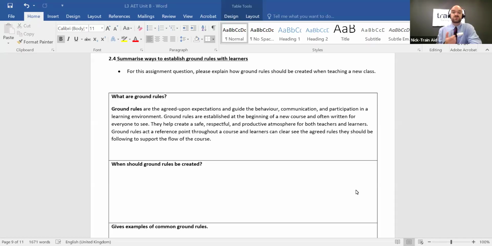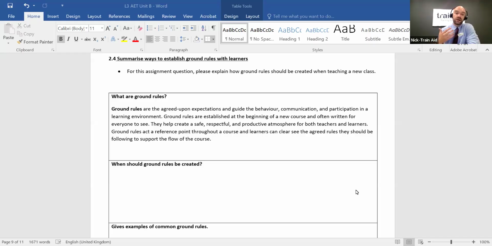Learners will perhaps spend about 10 minutes, often with flip chart paper. You have one learner who's going to be the scribe, and it's an opportunity for learners to talk about what rules they should follow as well. It's a fantastic way of promoting mutual respect between learners and also the teacher.